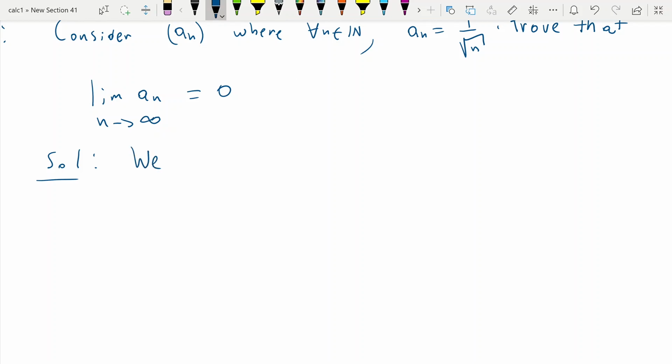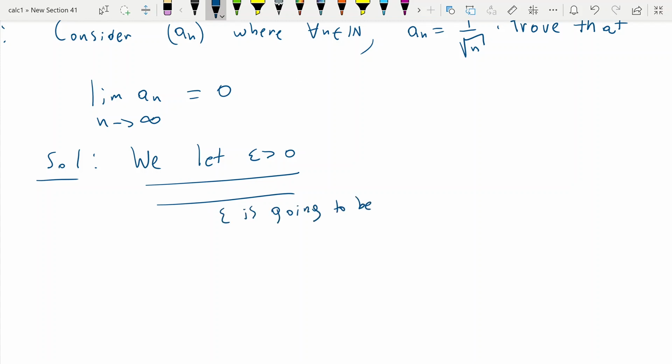This is how we always begin. We let epsilon be greater than 0, an arbitrary number. It's fixed from now on. Epsilon is going to be fixed for the rest of the argument.